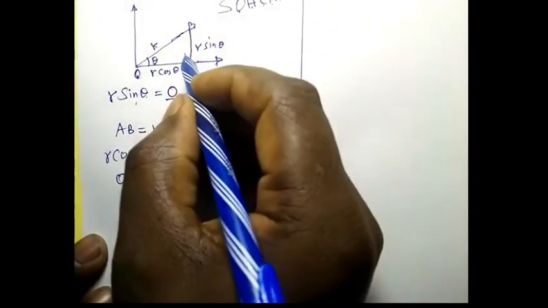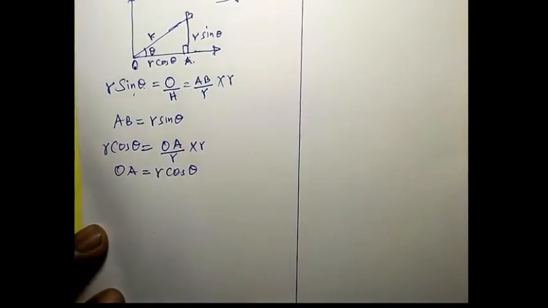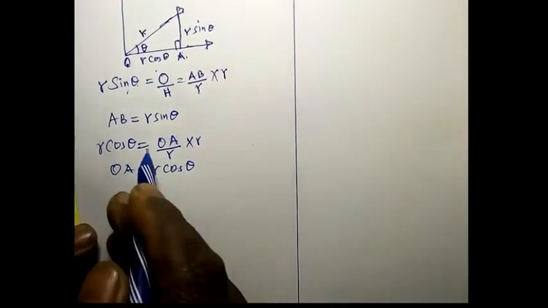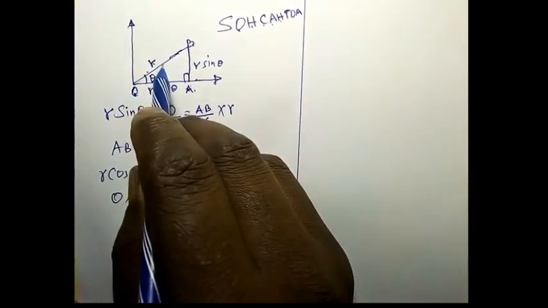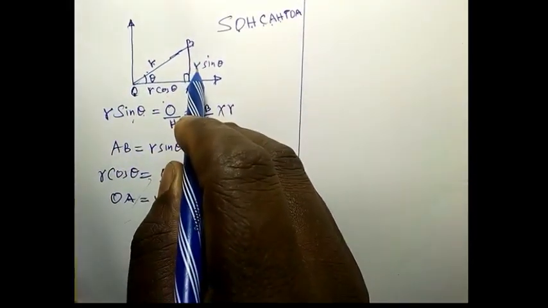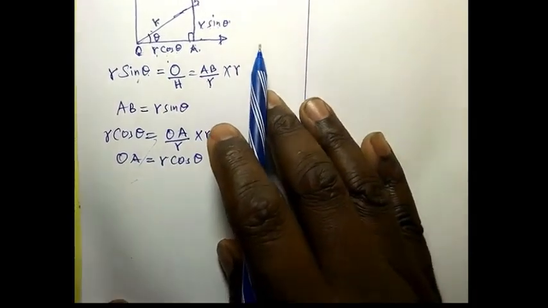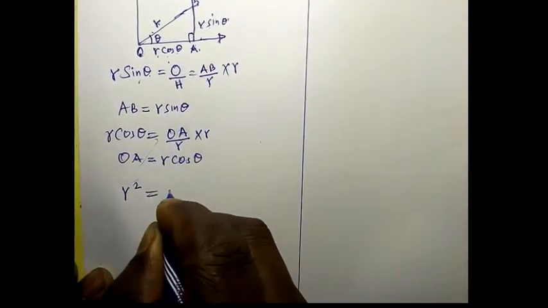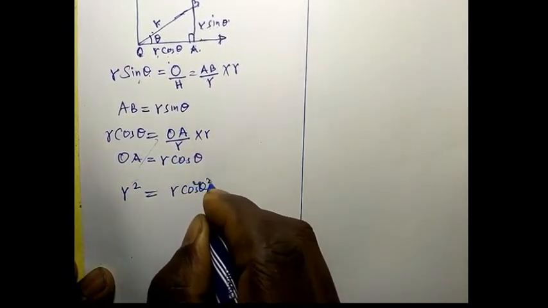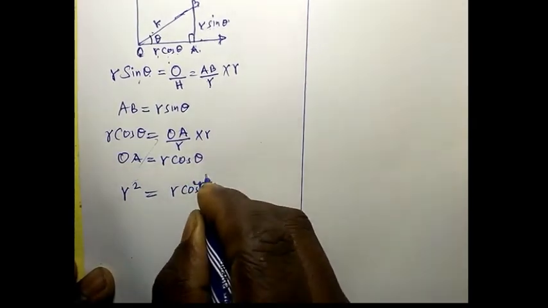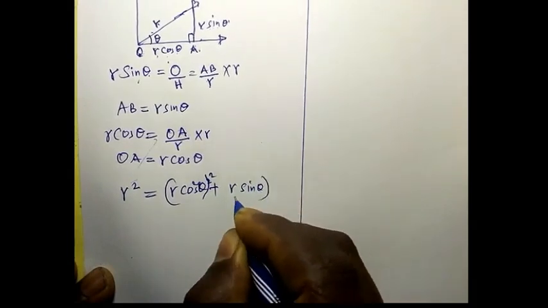Now since this one is a right angled triangle, we can use the Pythagoras theorem to find the relationship between cos and sine. We know that using Pythagoras theorem, R squared, which is the hypotenuse squared, will be equal to R sine theta squared plus R cos theta squared.